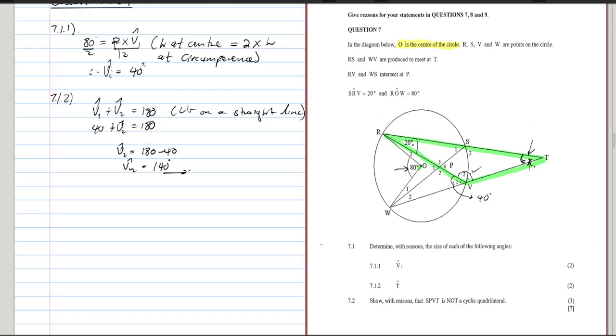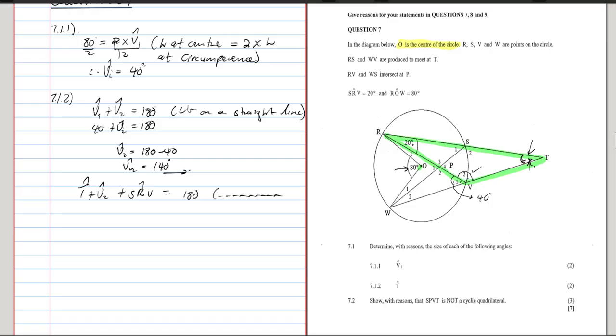So therefore we're going to say angle T plus the angle S, the angle SRV is equal to 180 degrees.